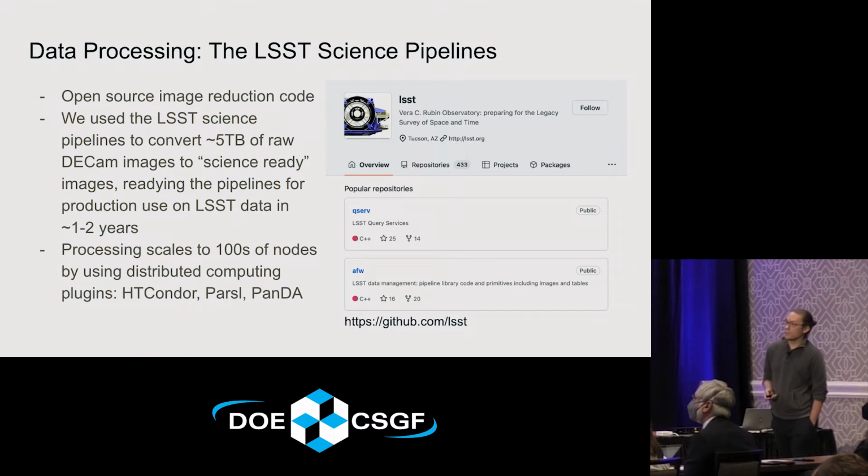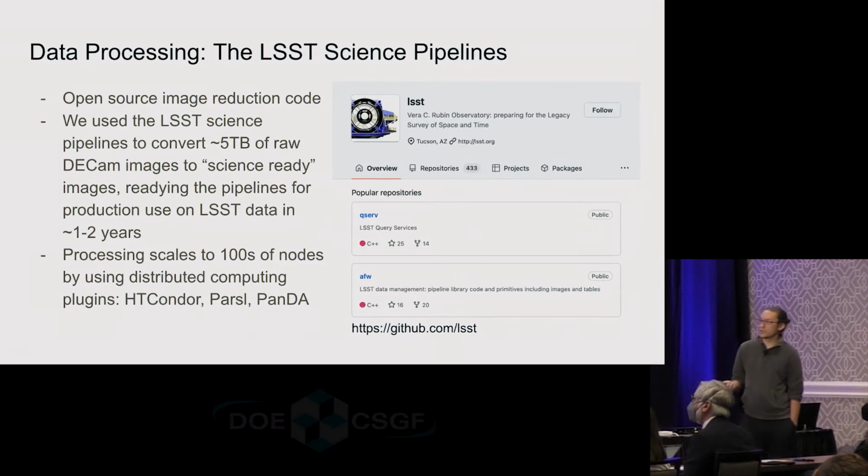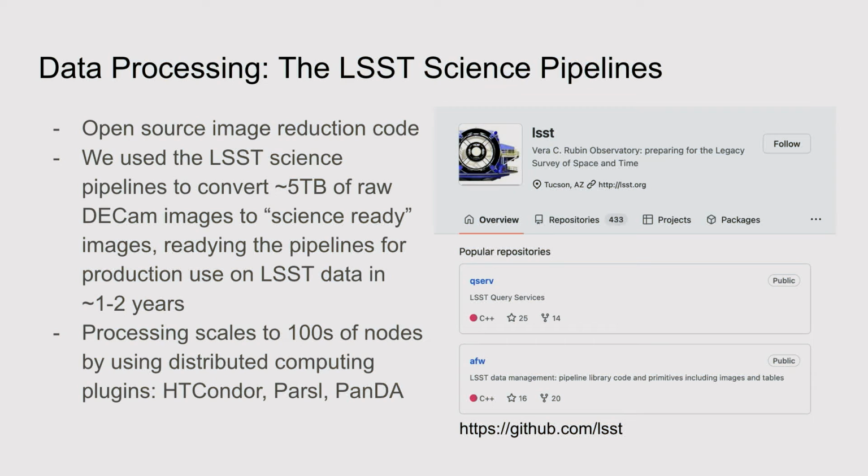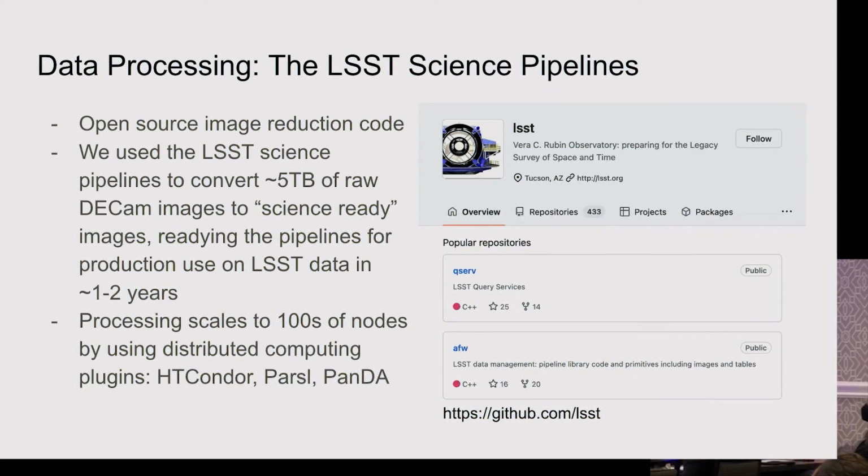And so first, as a part of this project, I've been using the LSST science pipelines, which are an open source tool you can find at github.com/LSST for what we call reducing images.